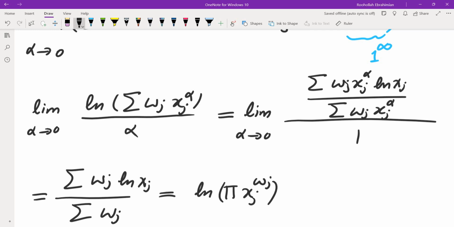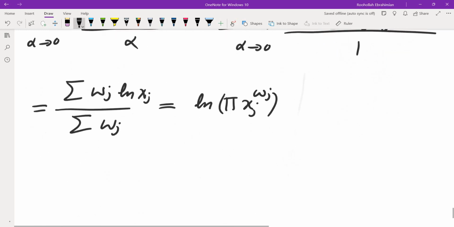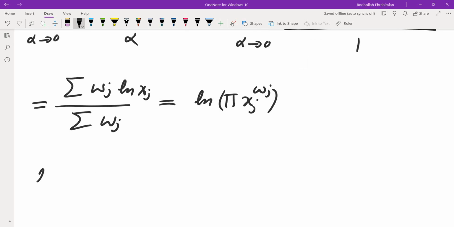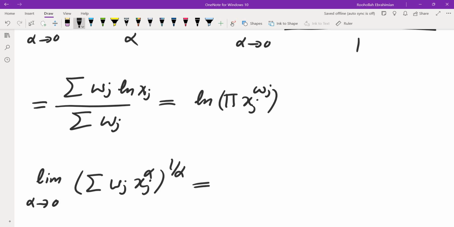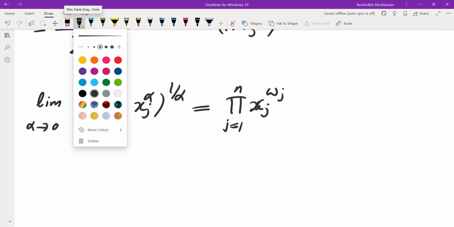And of course, when you want to take the limit of what we started with, we have to raise e to this power. So the limit as alpha approaches 0 of the sum of wj xj to the power of alpha, to the power of 1 over alpha, is going to be the product of xj to the power of wj, j equals 1 to n.